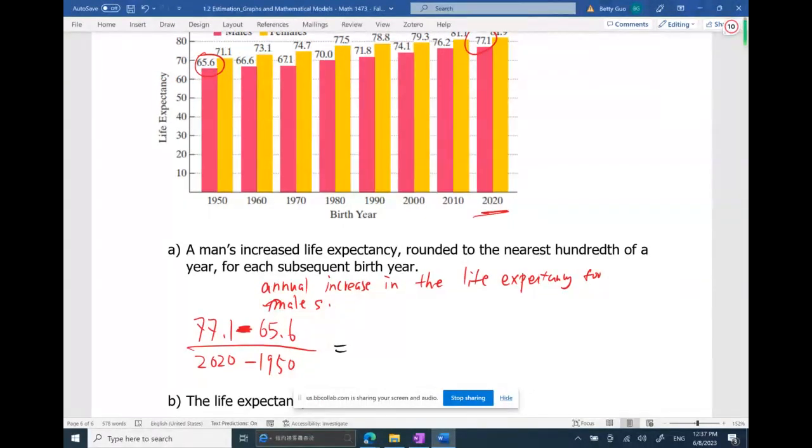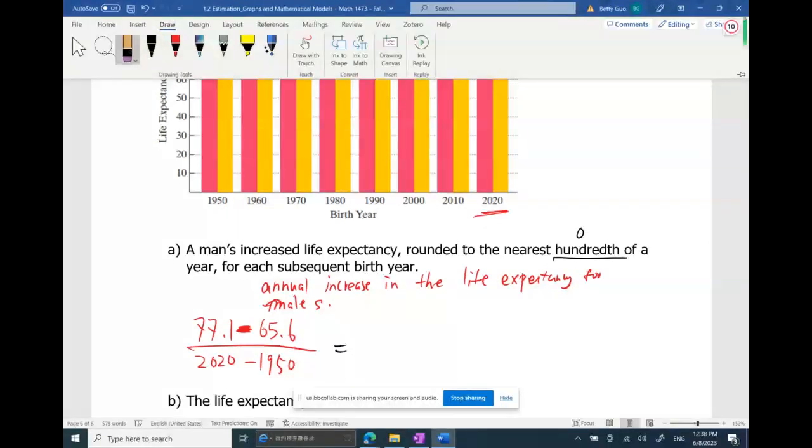We use 77.1 minus 65.6 and divide that difference by 70 years, right? And we need to round the value to the nearest hundredth. Nearest hundredth, remember, is to keep two decimal places.